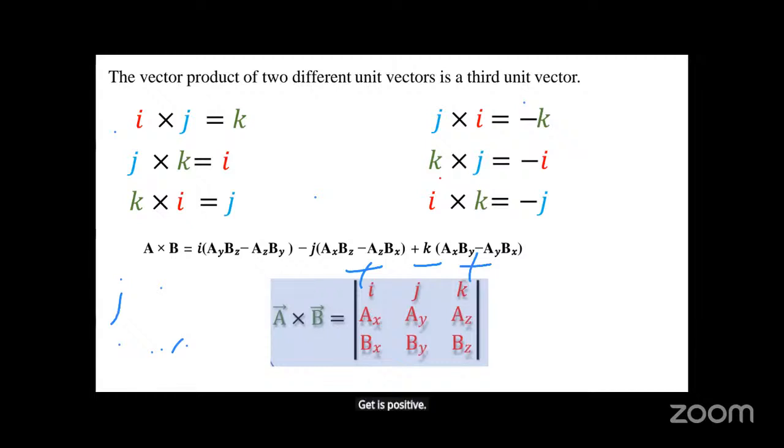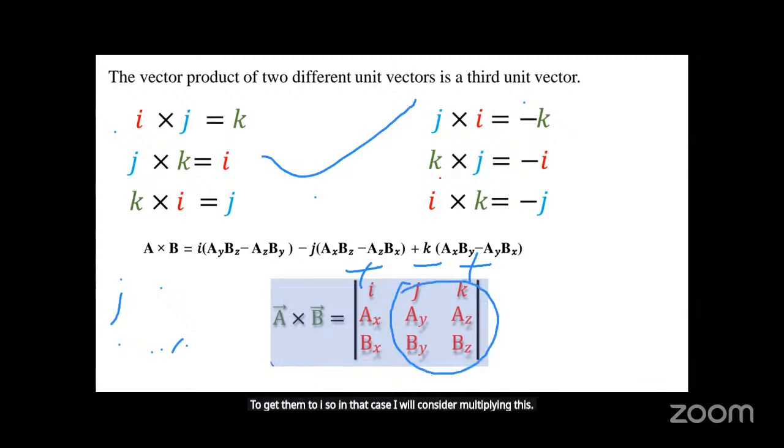So remember this explanation here. If I want to find vector I, it means that I must multiply J and K to get vector I. So in that case, I will consider multiplying this.